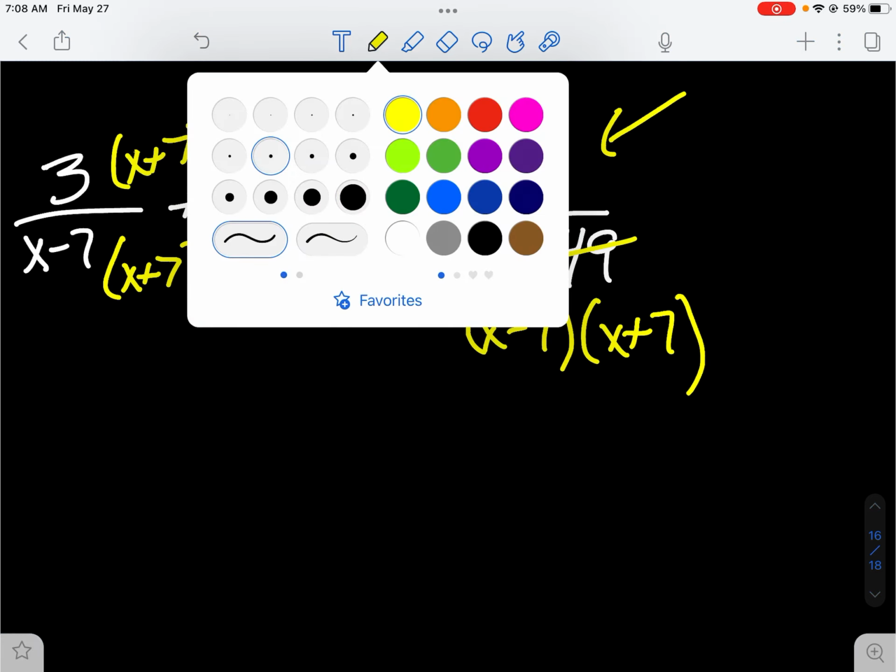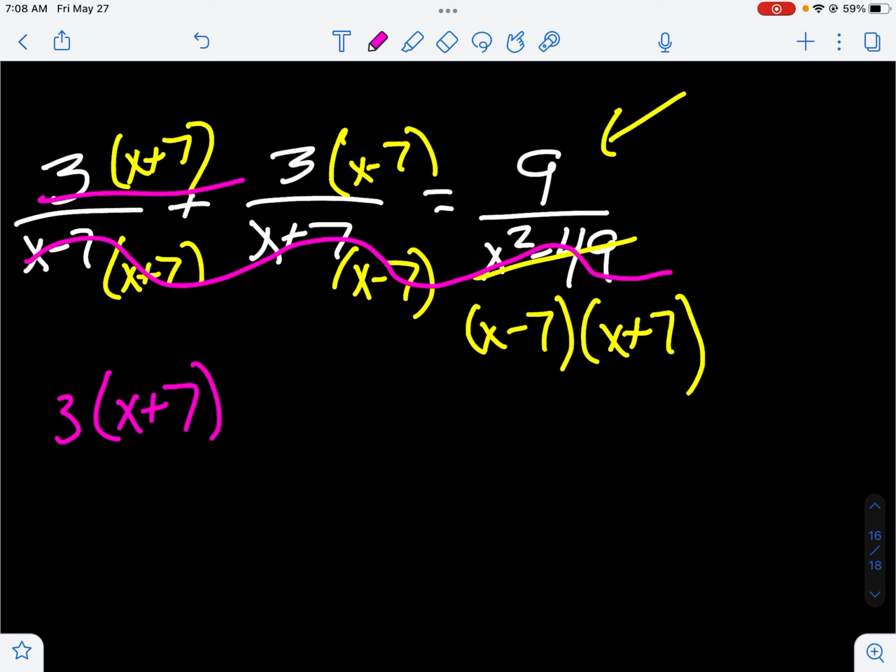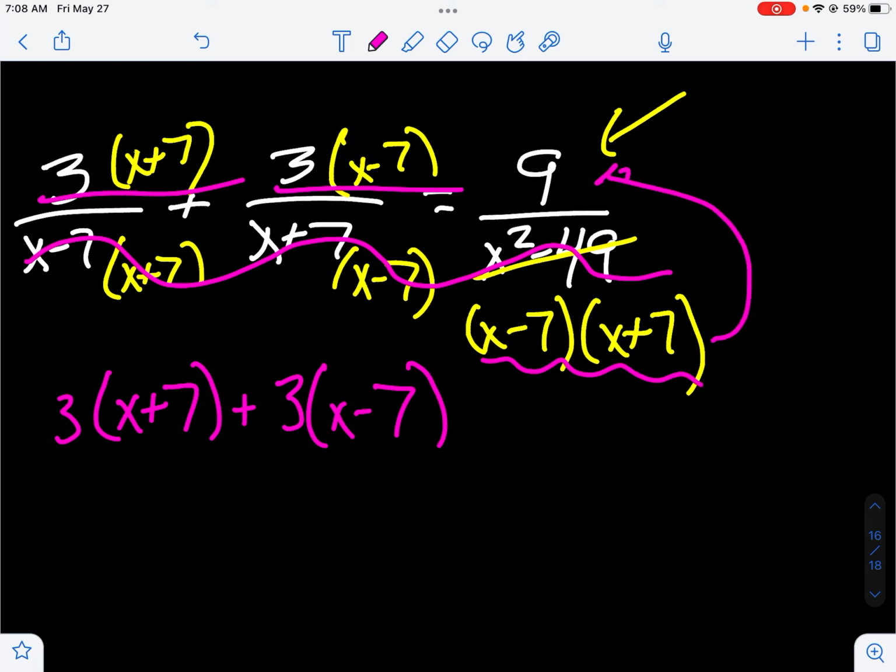Then once we get that common denominator, we actually are allowed to just get rid of all the denominators because they're all the same. So now we have 3 times x plus 7, plus 3 times x minus 7. And then we didn't have to change anything over here because it already had the denominator we needed.